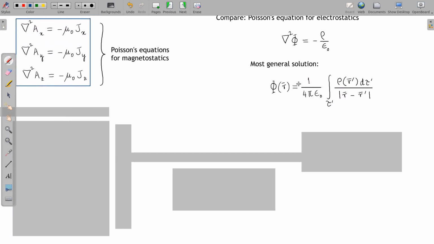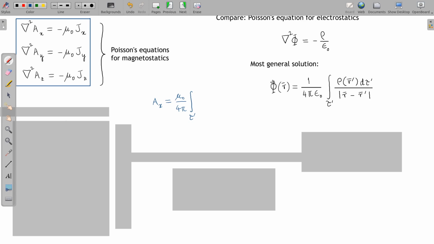So let's say I want to find the solution of the first one. I want to find out what Ax is. Just look at this expression; we just need to translate it. Instead of 1 by 4 pi epsilon naught, we will write mu naught by 4 pi, and then we integrate over the entire volume. Then we have rho r prime d tau.